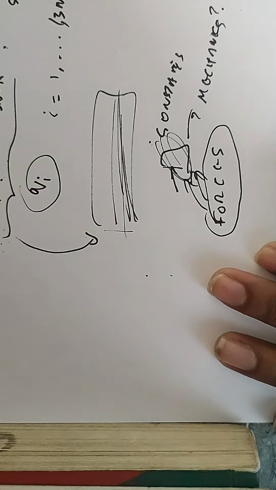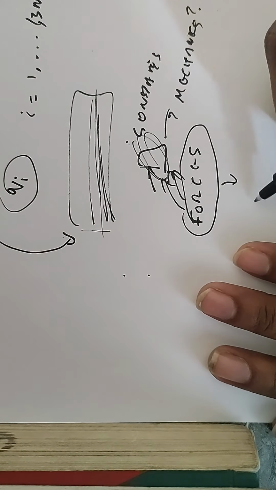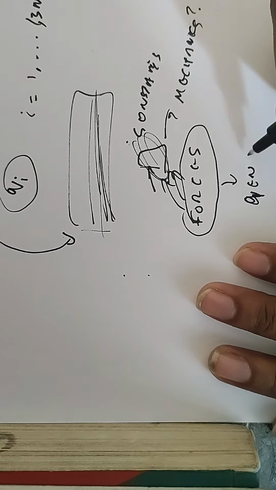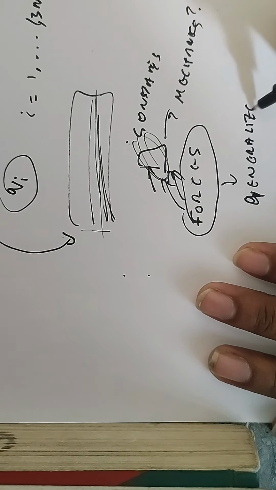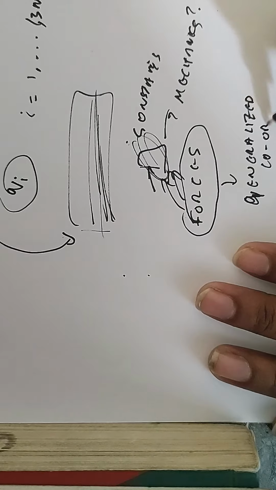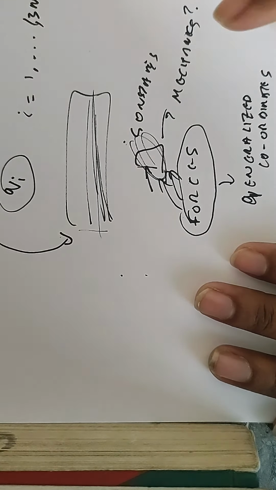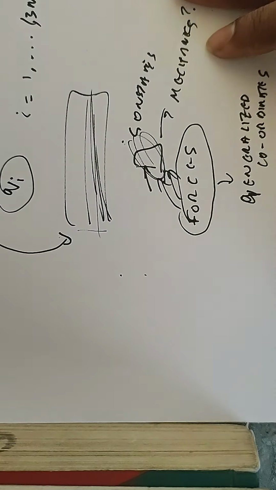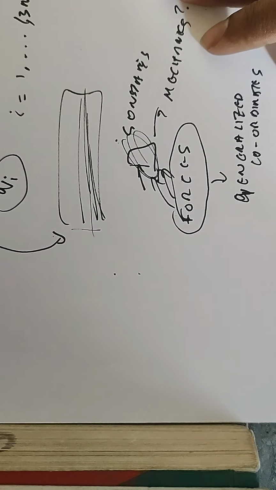So this is achieved by the Lagrangian formulation by introducing the concept of generalized coordinates. The choice of the generalized coordinates helps us to incorporate the constraints.